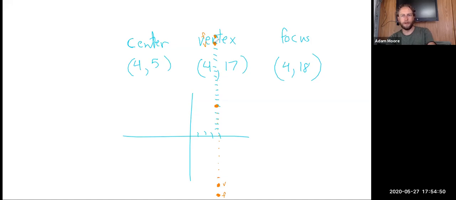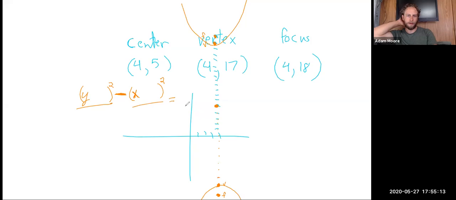Since it's an up and down one like this, we know our hyperbola will draw that way as well. So that means if it's that kind, it'll be a minus on the x squared part. So we have y minus something squared and x minus something squared, but we're putting the x second this time because it's the one being minused. And we don't know the numbers underneath. We'll probably get it equal to 1.